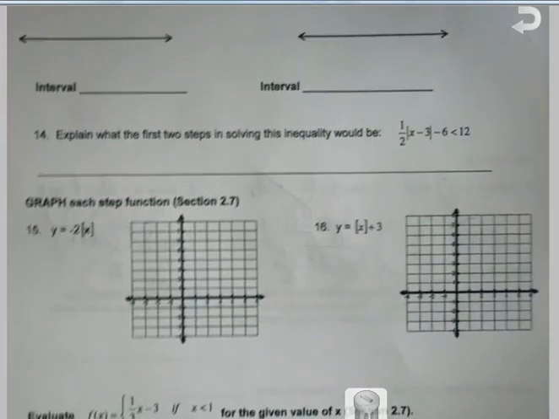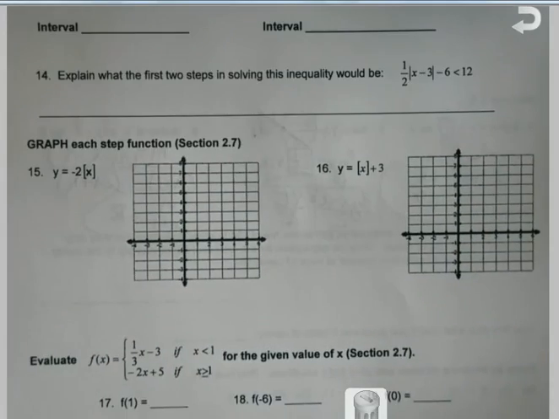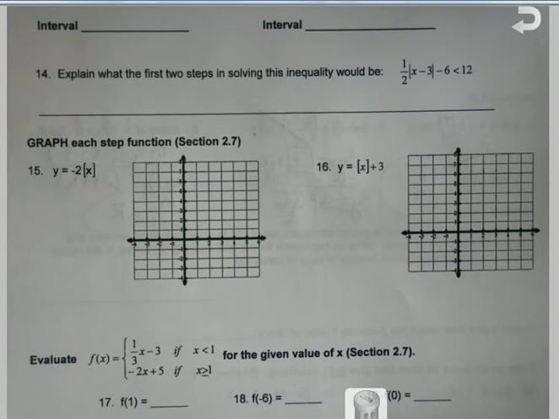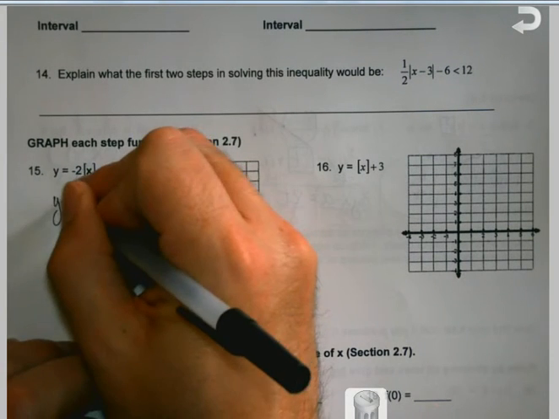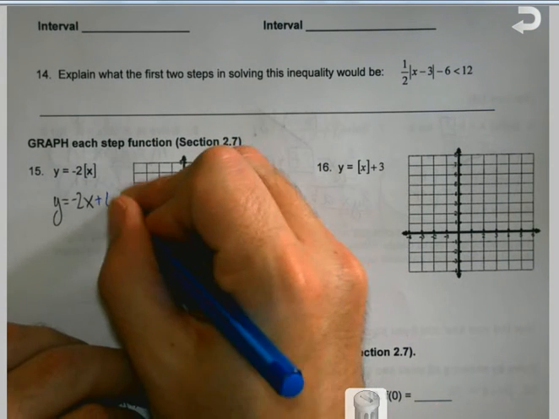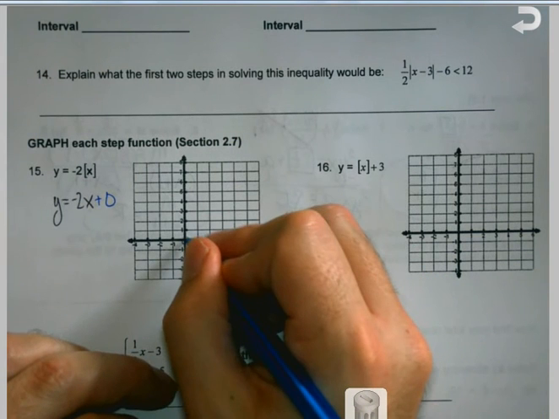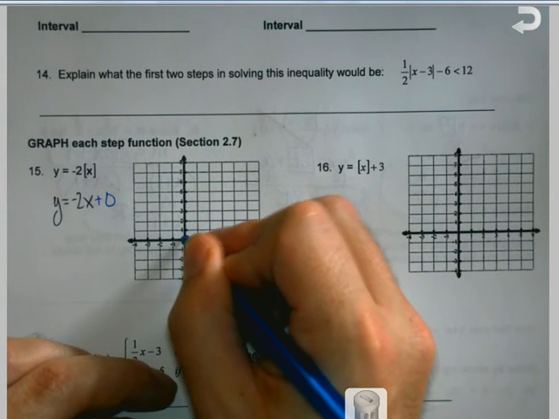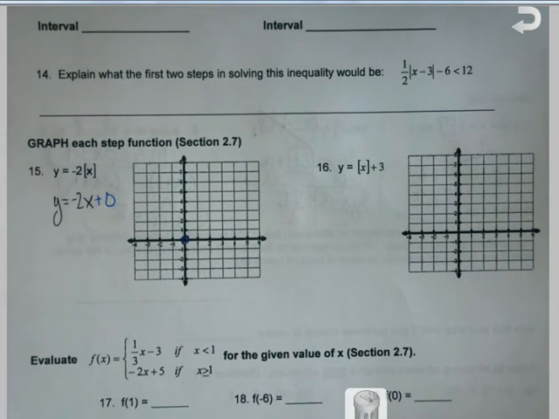All right, step functions. Now remember, with step functions we're going to deal with them like they're just graphing a regular line. So in other words, I'm going to read it sort of like y equals negative 2x. If that was the case, my y-intercept would be at 0, and I'm going to put filled in dots on all of these initial points that I make.